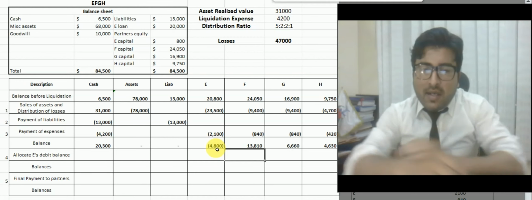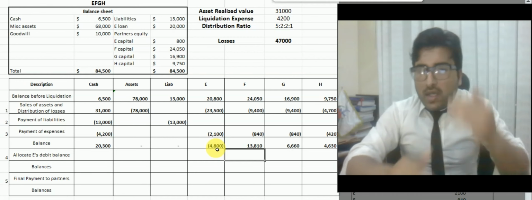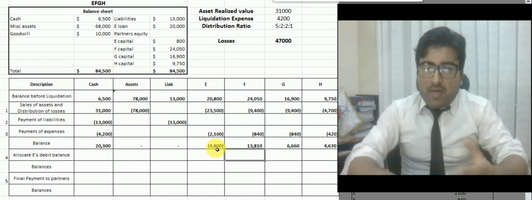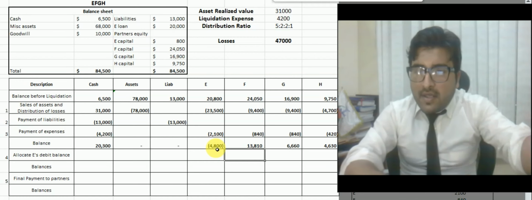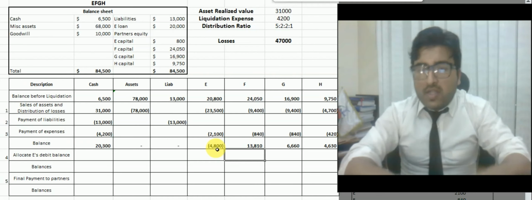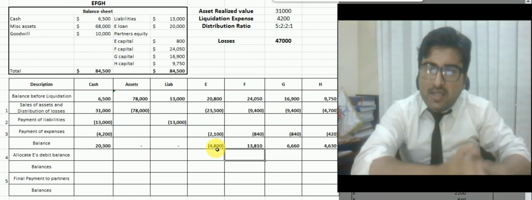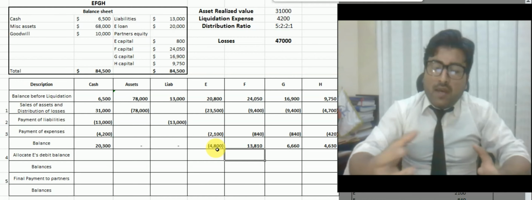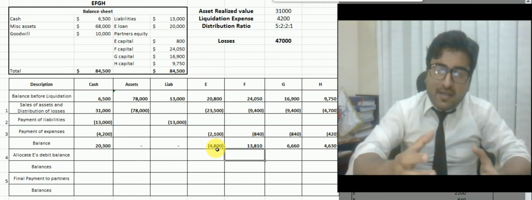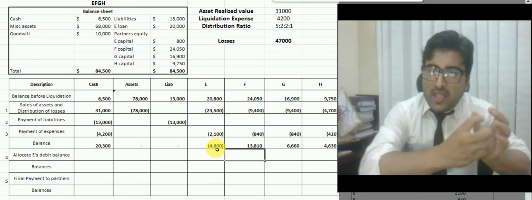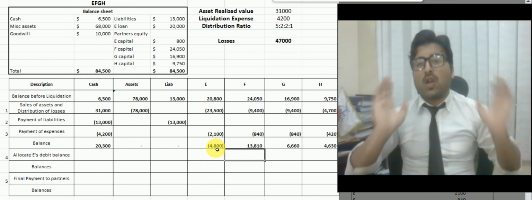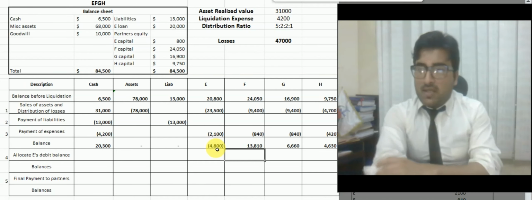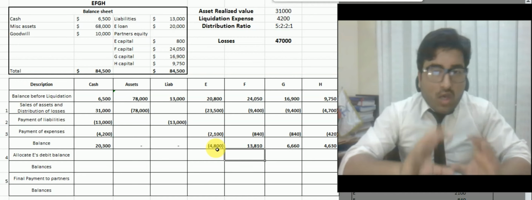The reason is that we are telling the E partner to wait until we compute the whole losses, and to make sure that if he has losses, then we retain and deduct the amount of losses out of his loan also. There is no logic to pay the loan of the E in advance, because the losses are not yet clear.